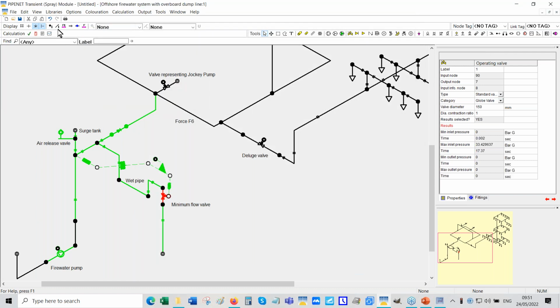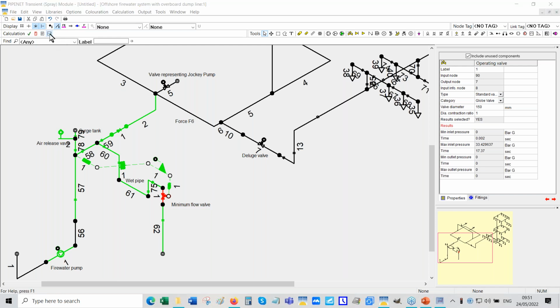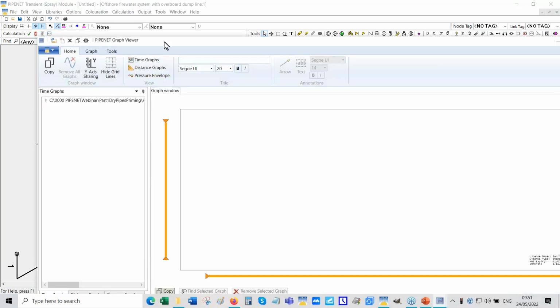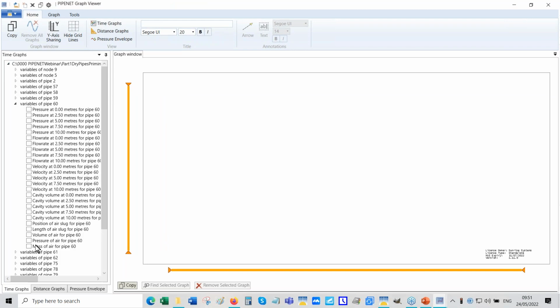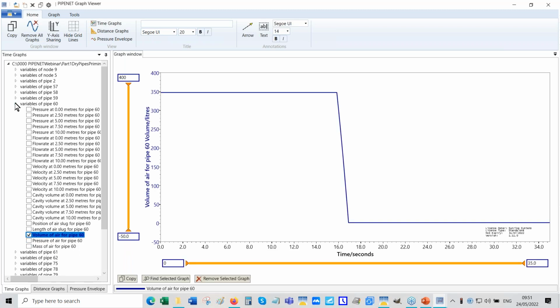So let's look at some of these. That's pipe 60, 61, and 75. Let's just look at those three pipes, 60, 61, and 75. So initially, let's look at the volume of air.